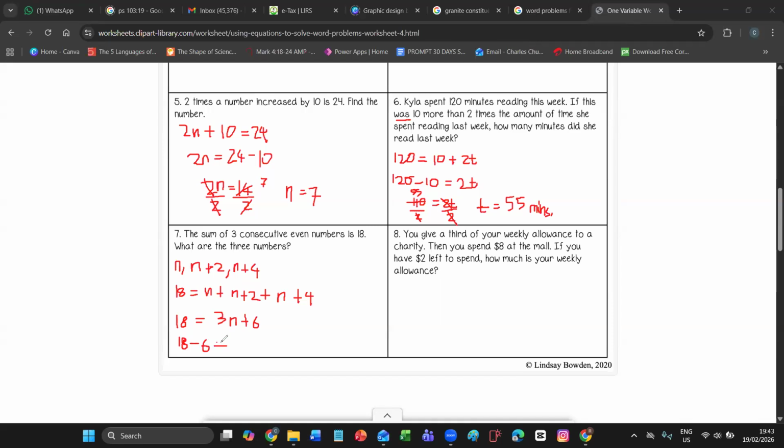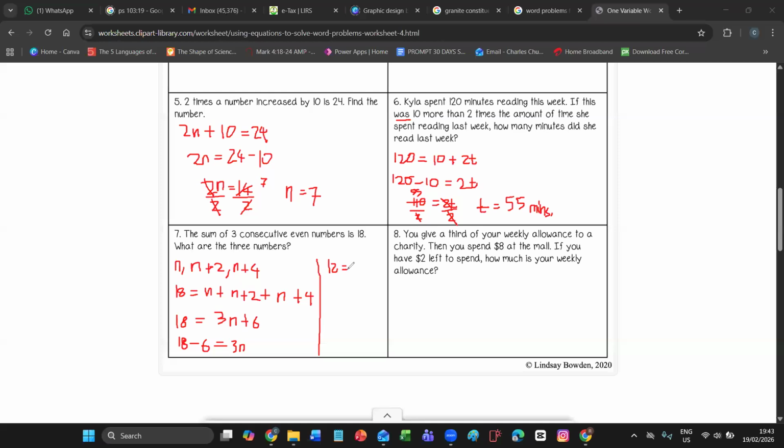So you can see how the thing is solving itself. The number will soon emerge. So 18 minus 6 is 12. 12 equals 3n. All right.